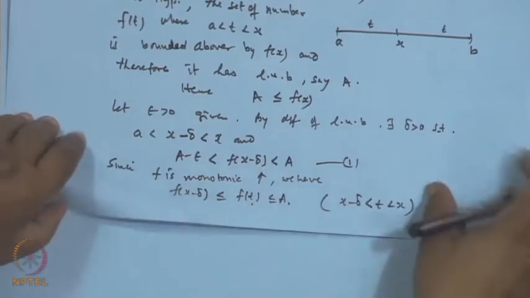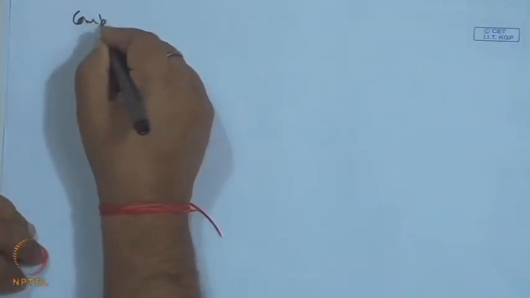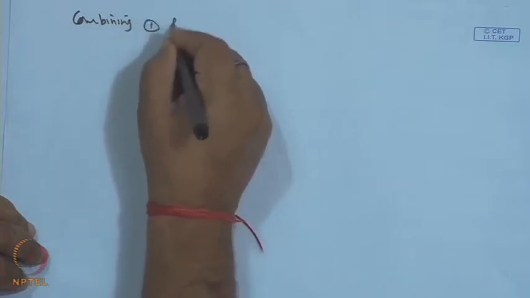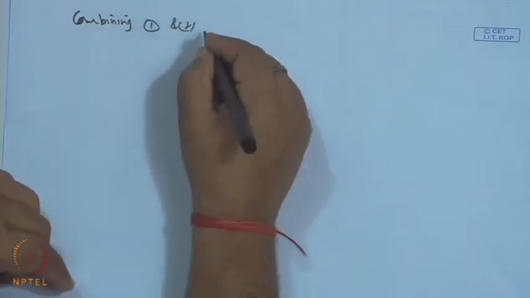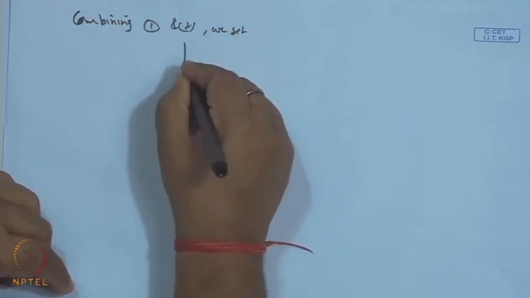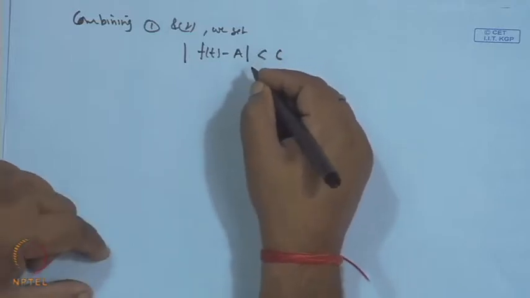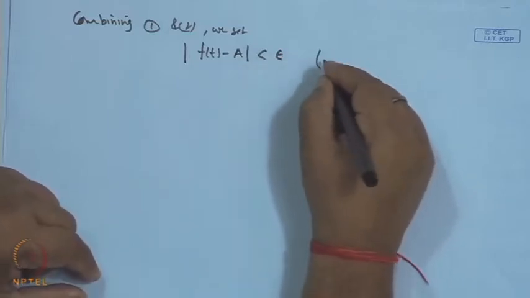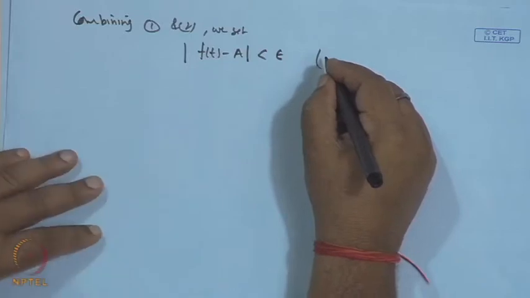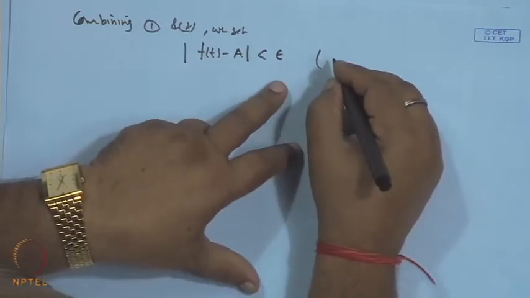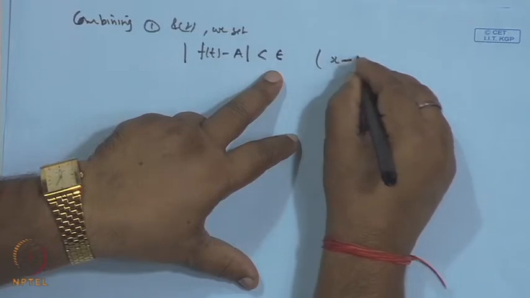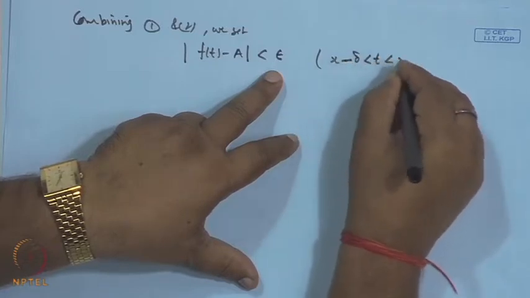So, combining 1 and 2, we get that the modulus of f of t minus a remains less than epsilon whenever x minus delta is less than t less than x.